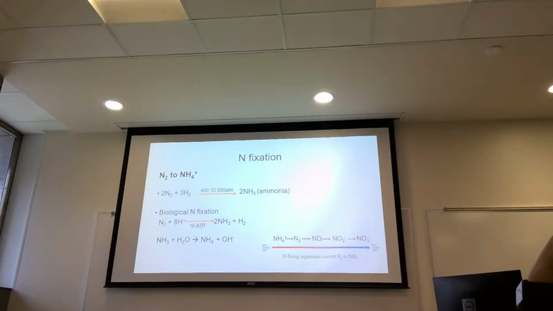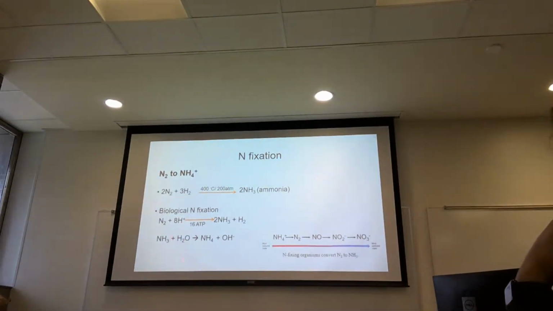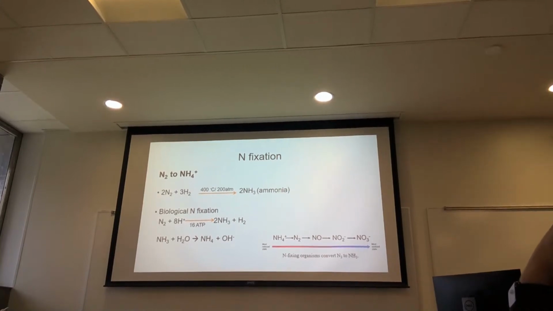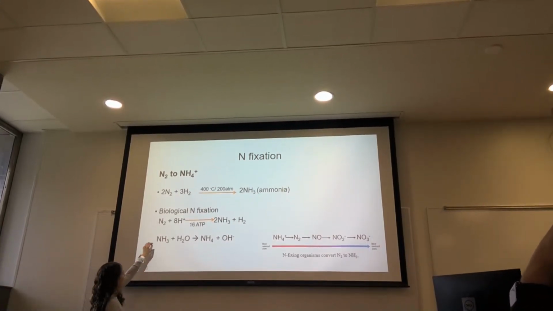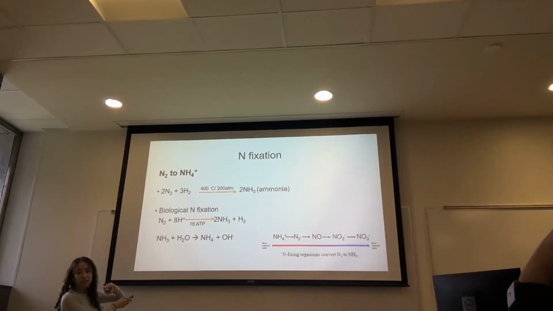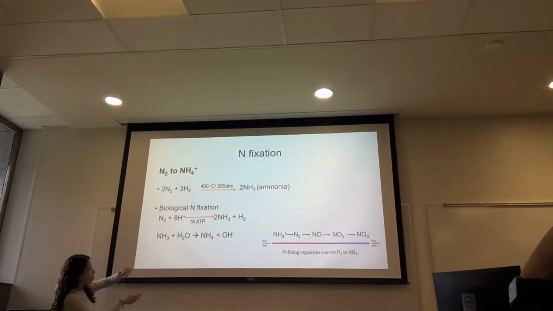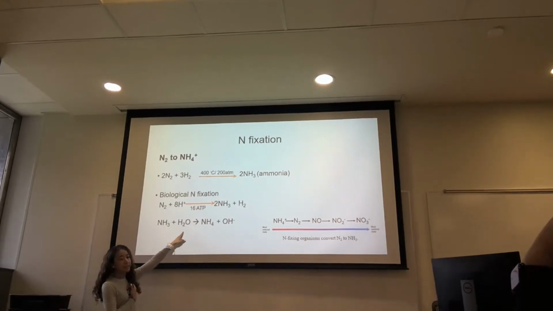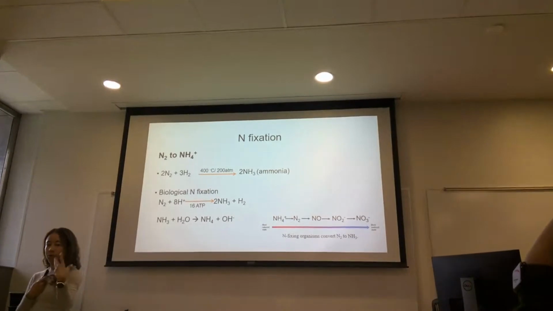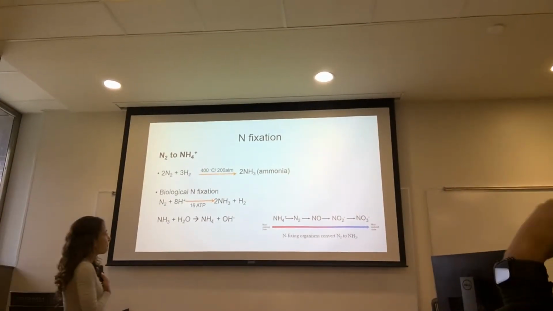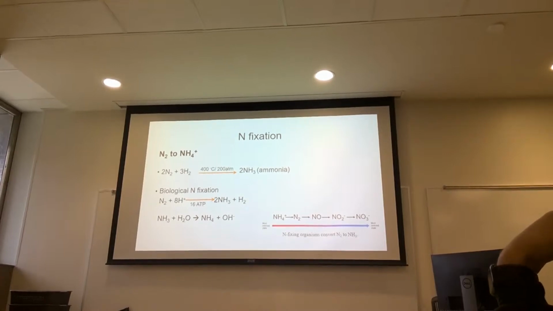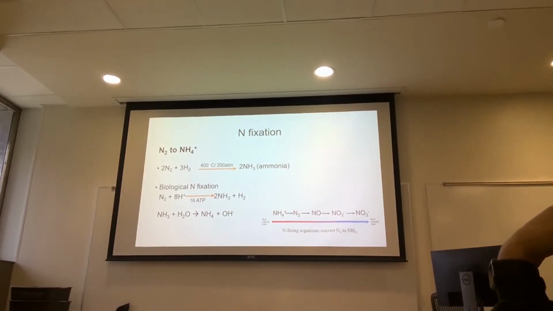Or you can have biological nitrogen fixation. Don't worry about this; we're not going to look at the equations. But you can see that from atmospheric nitrogen, with a lot of energy, you eventually have your ammonia, and in the aqueous environment you usually have ammonium. So nitrogen-fixing organisms convert atmospheric nitrogen into ammonia.